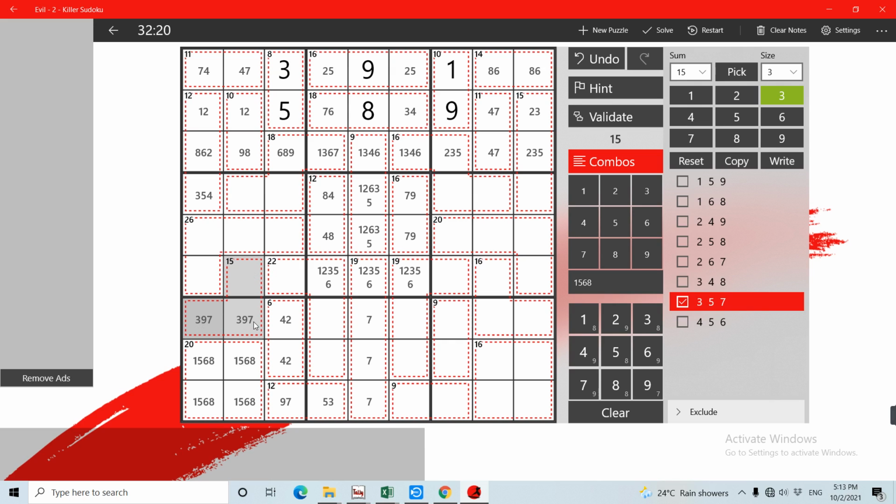We cannot have a 5 here, which means we can enter 5 here. And this has to be 3 and 7.